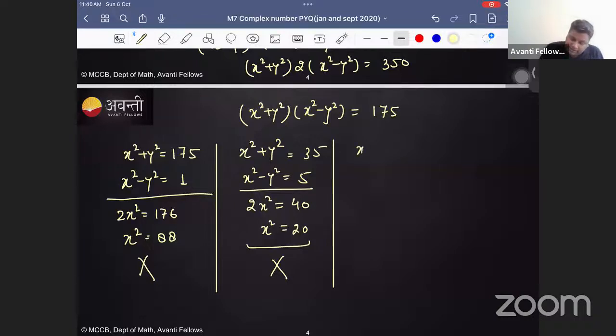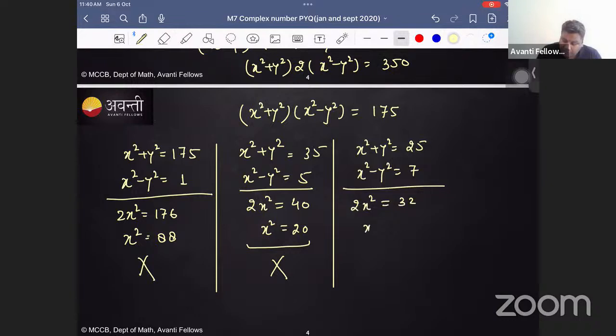Now, in another case, you can take x square plus y square as 25 and x square minus y square as 7. Now if I add both of them, I get 2x square as 32, so x square as 16.